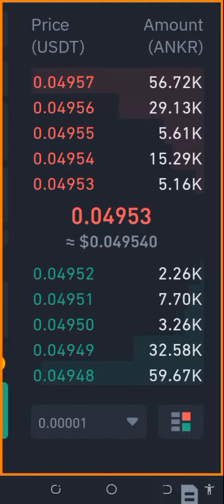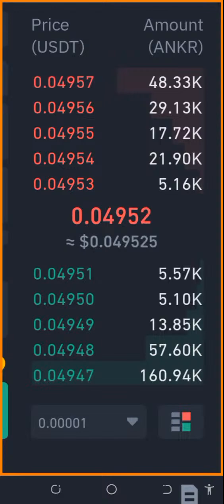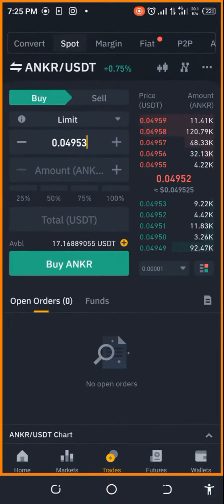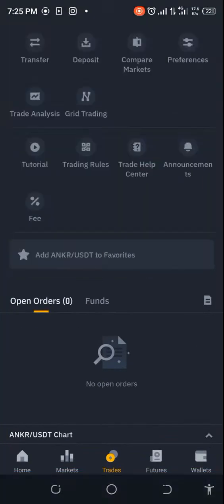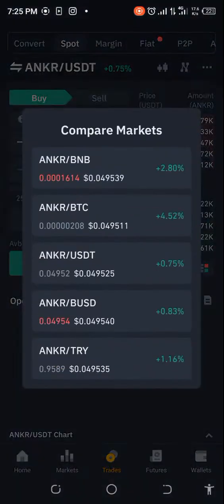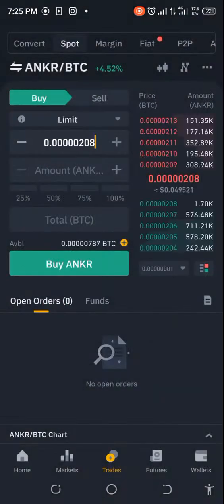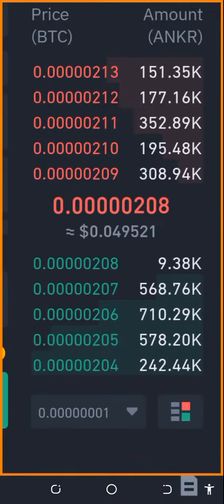It may not be as fast as BTC USDT, but it's moving, which shows that people are buying and selling. If you check the BTC leg also, you'll see it's the same. There's velocity in both. It's not as fast as the USDT leg, but it's moving gradually, as you can see.